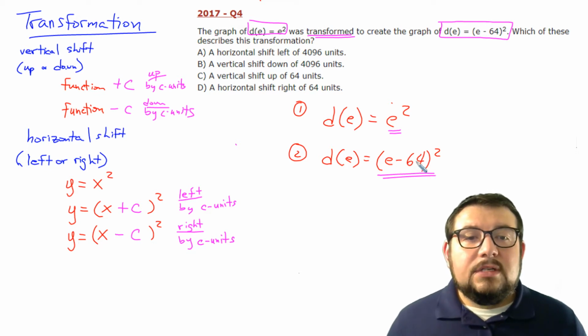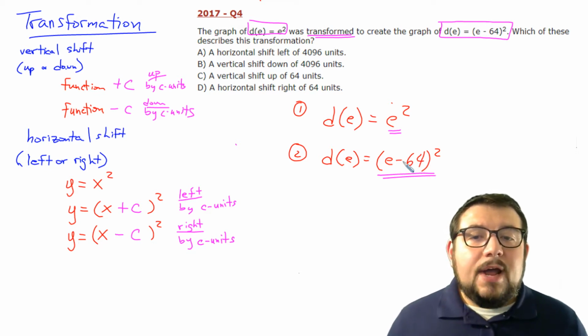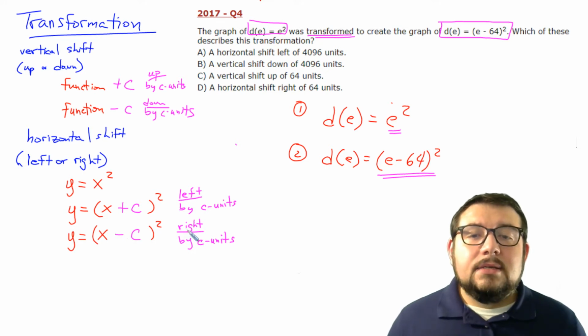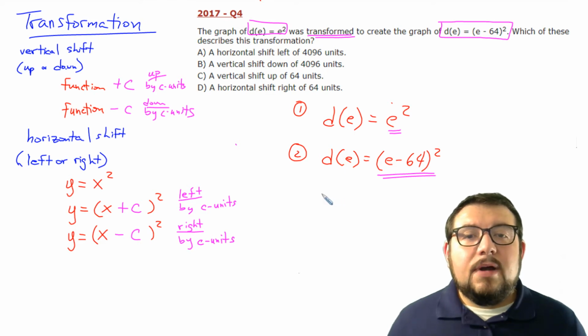So this negative 64, well, I'm subtracting 64. So I look at my horizontal shift and I look for subtraction. Ah, there's the subtraction. Well, that means it's going to move to the right by c units. Well, here c is 64. So I subtracted 64. Therefore, it's going to move to the right by c units, which means right by 64 units.